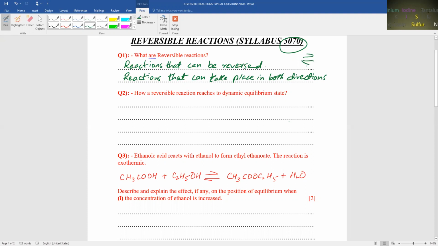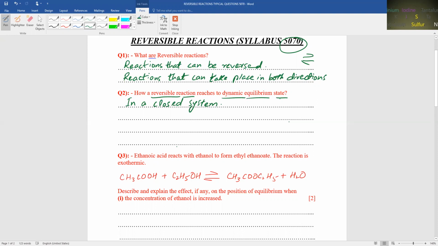Now, how does a reversible reaction reach the dynamic equilibrium state in a closed system? Whenever a reversible reaction takes place in a closed system, it reaches dynamic equilibrium state. Now, what does it mean?